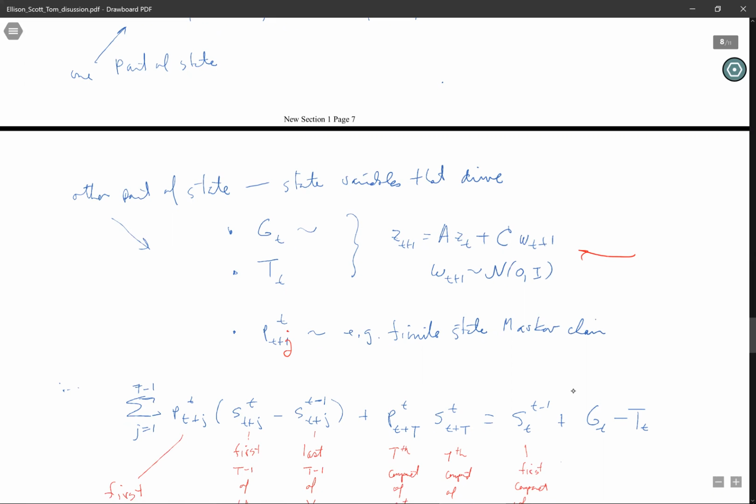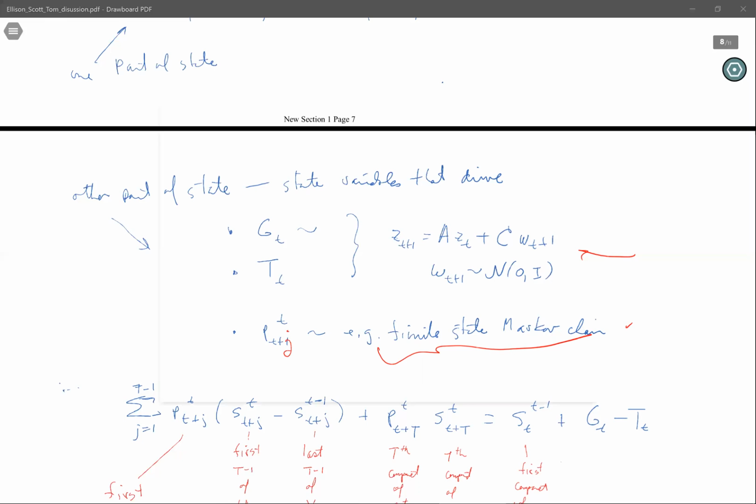I'm going to assume it's governed by a finite state Markov chain. So those Arrow securities prices, they jump around with dynamics. I'm going to describe that by a finite state Markov chain.